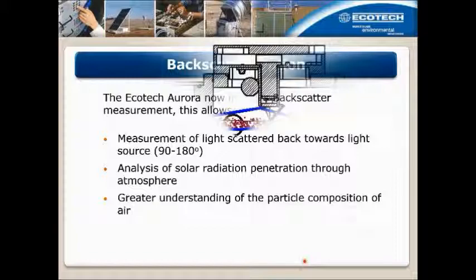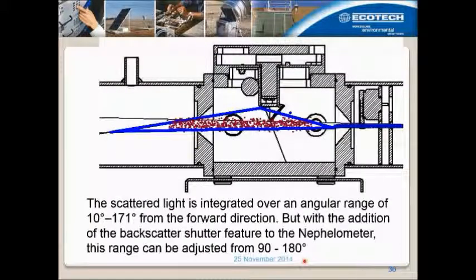How this is really done is you measure the light from the particle-loaded air, but you include a shutter which blocks the forward part of the scattering so that only light going in the backward direction reaches the detector.